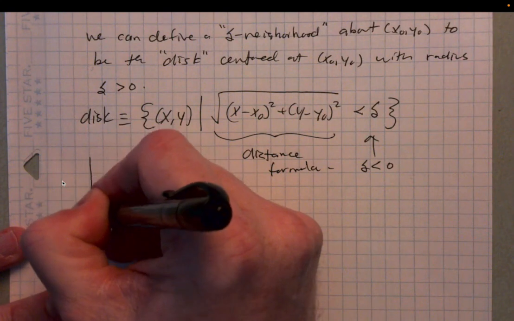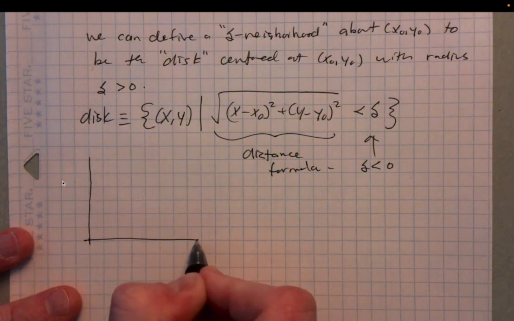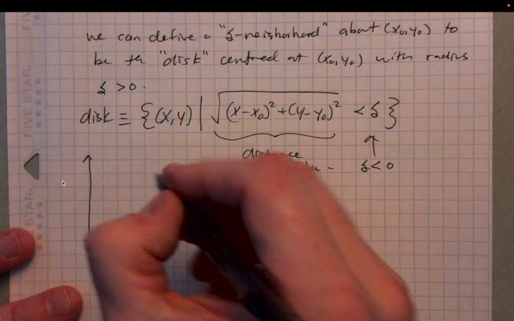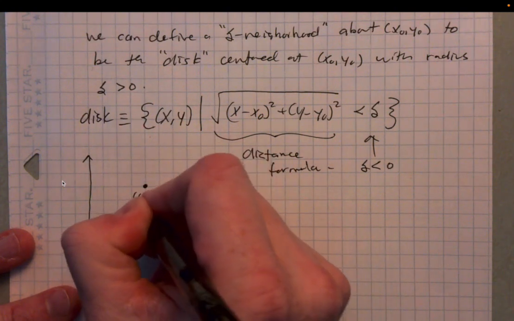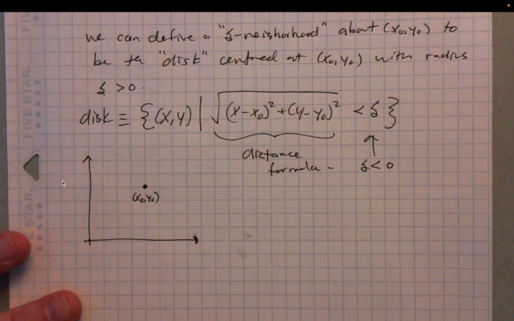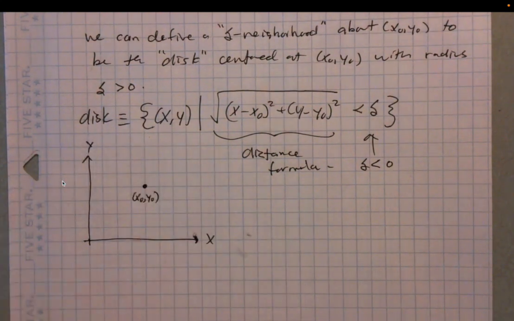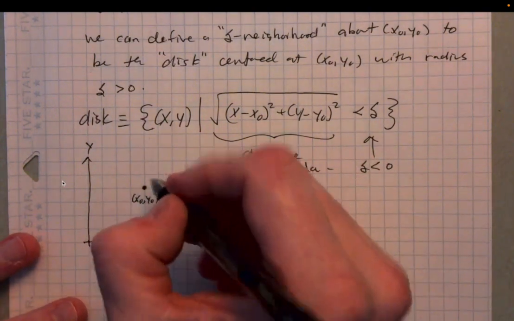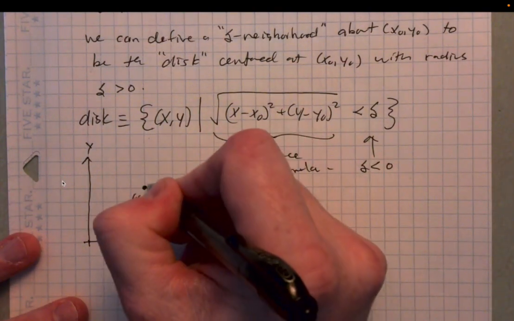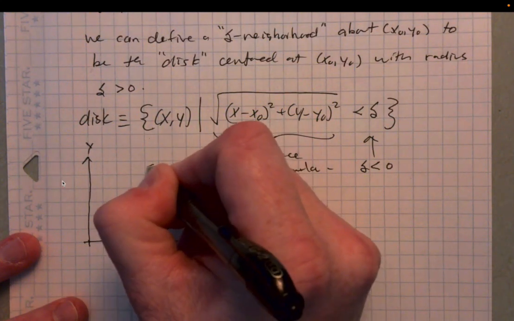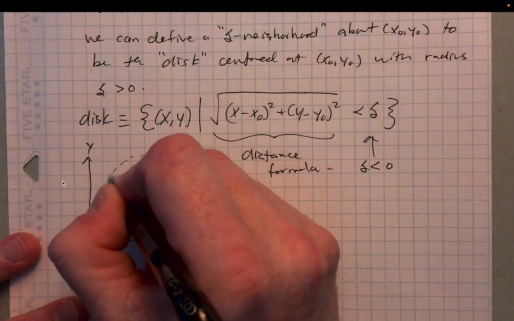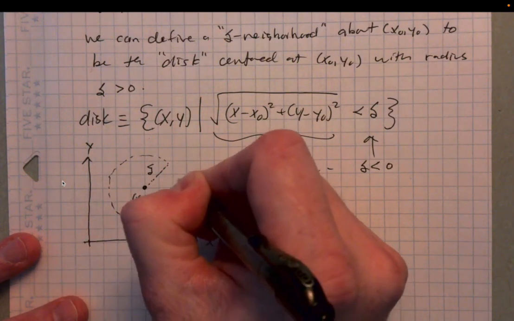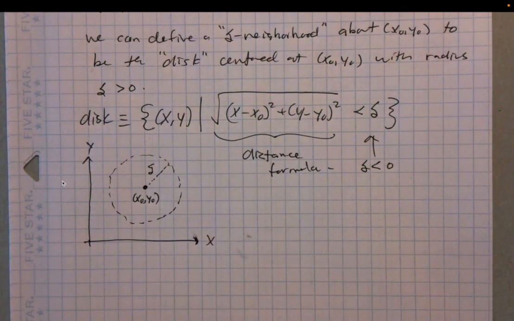So let's draw a picture. It's probably easier to visualize if you see it in a picture. Say we've got some point x0, y0, and this is of course in the xy plane, a two-dimensional plane. And if we define some distance delta, then the disk is just going to be the circle that surrounds this point x0, y0 that has radius delta.